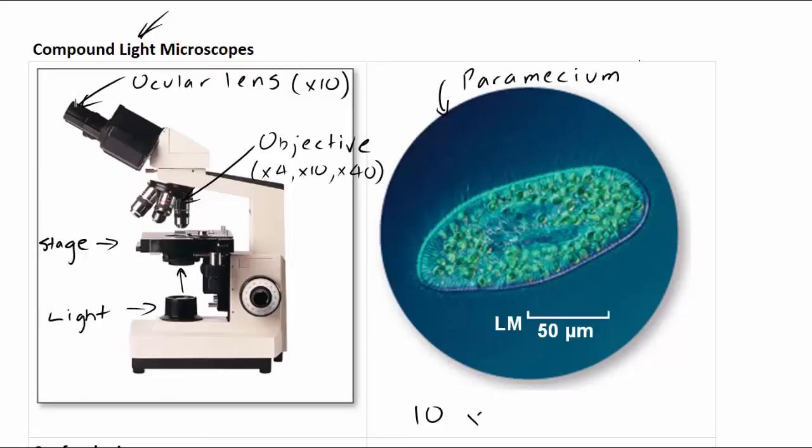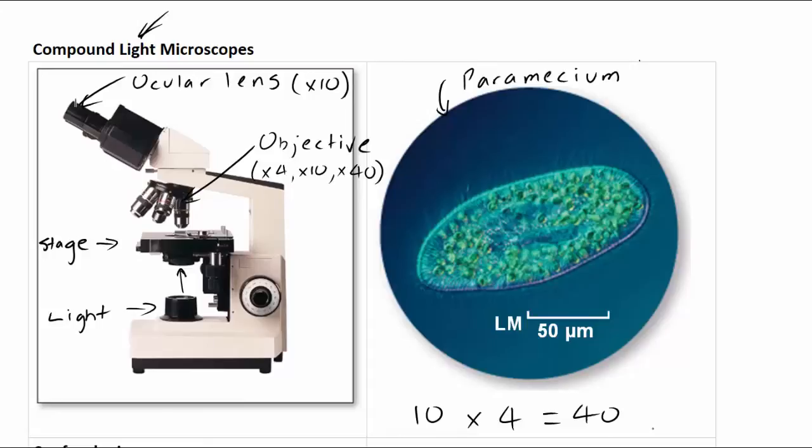And you end up with magnifications of times 40, times 100, and times 400. So you're able to see images 400 times larger than they are in real life. Now if you use an oil immersion lens, you can magnify up to 1,000 times for viewing things such as bacteria.